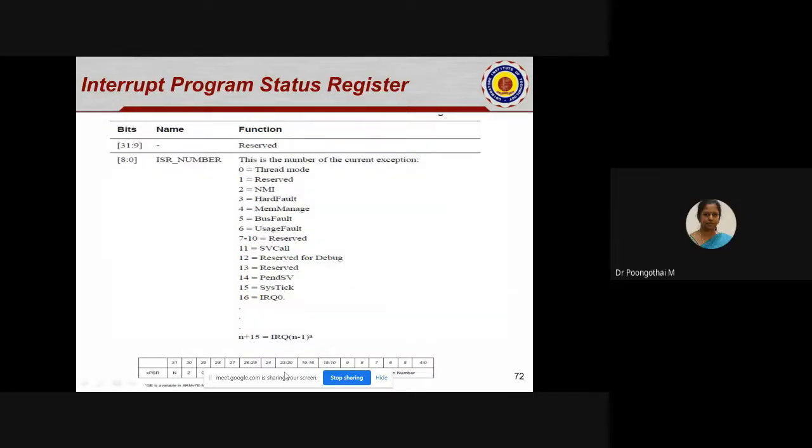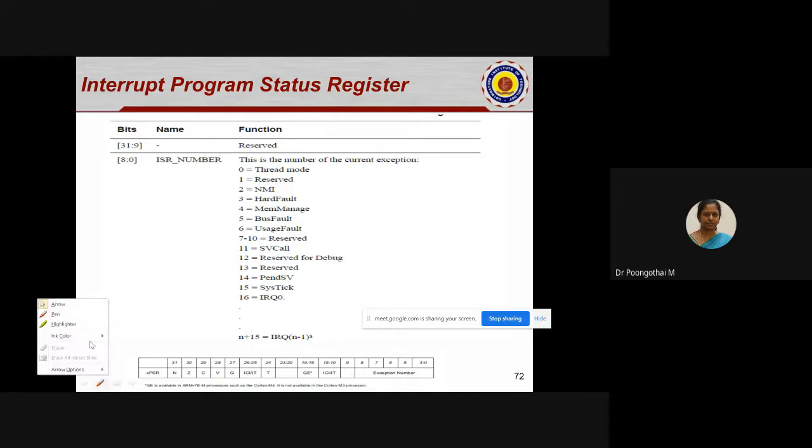So next, the interrupt program status register. Before explaining this, what is the difference between interrupt and exception? Can anyone tell me the answer?